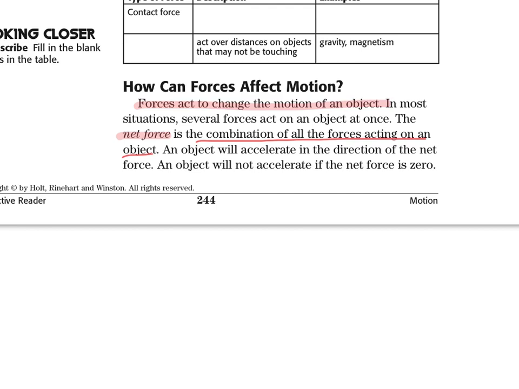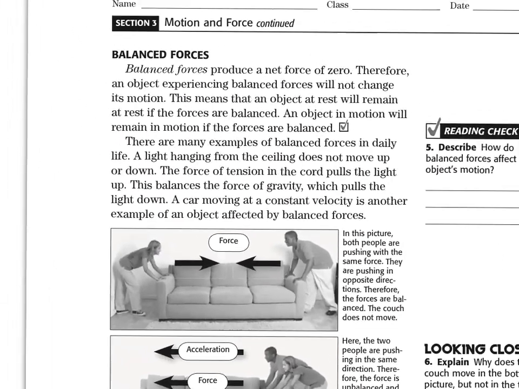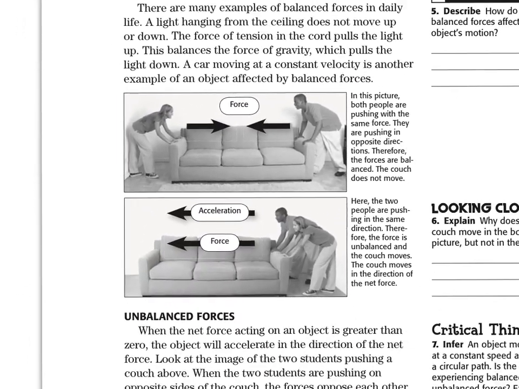If you have a net force acting on an object, the object will accelerate. If there is no acceleration, that's because you have no net force acting on the object. So how do I tell if there's going to be a net force or not? Let's look at this example first, and then we'll go back and define it. All right, so in physics, a lot of times we use arrows to describe motion, okay?